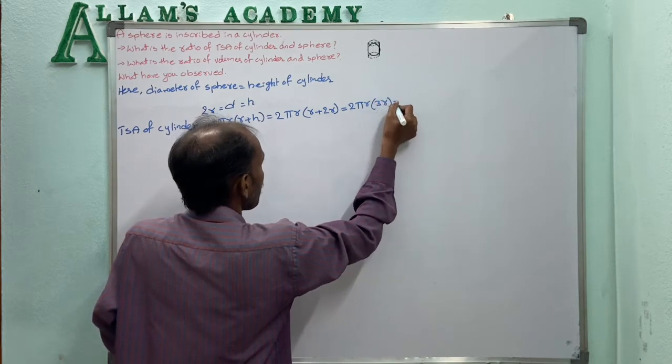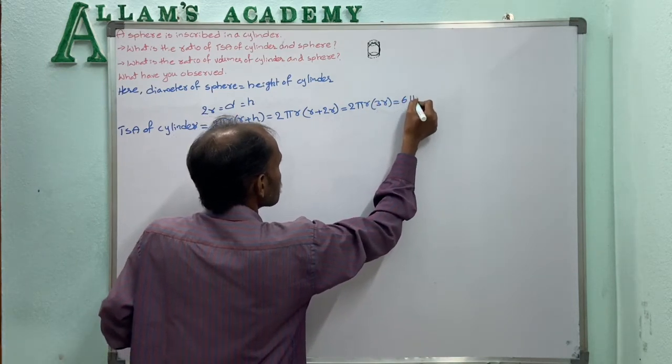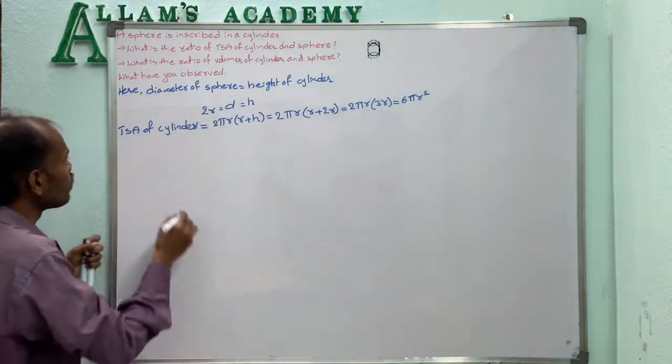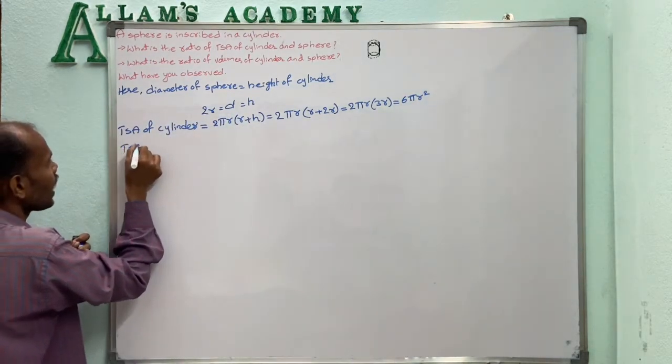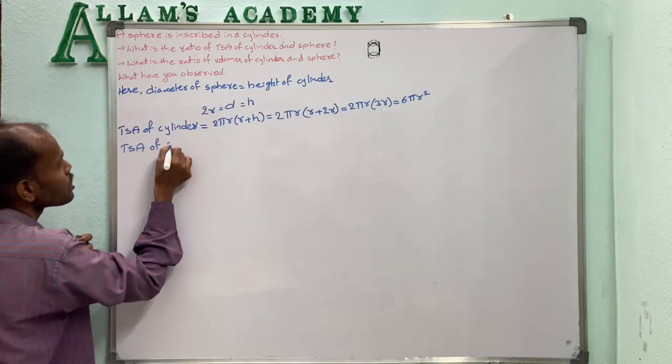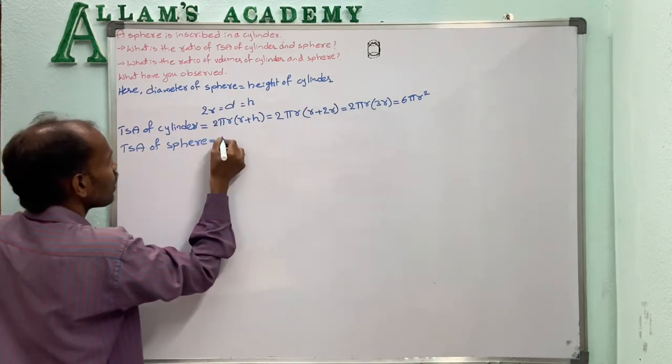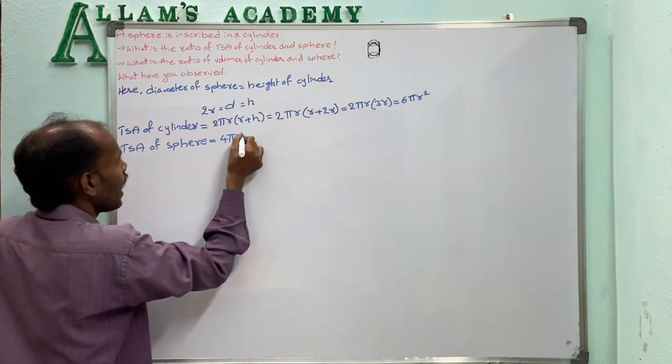So 2 pi r into 3r equals 6 pi r square. Okay, now the total surface area of the sphere is equal to 4 pi r square.